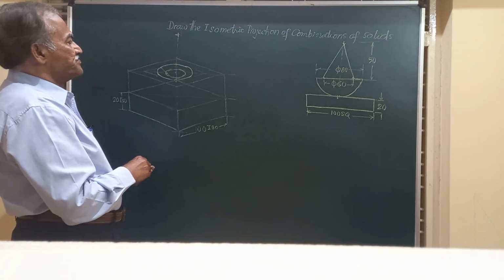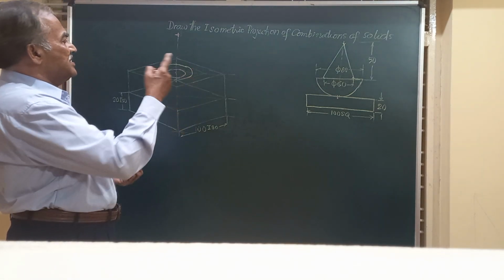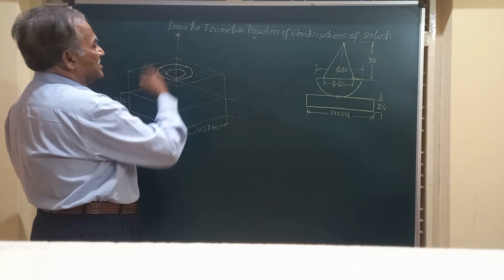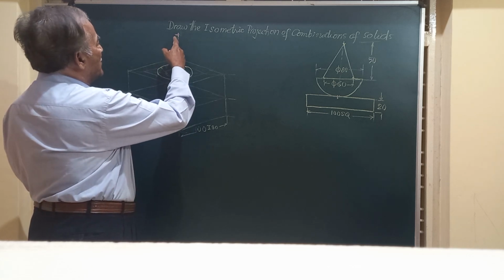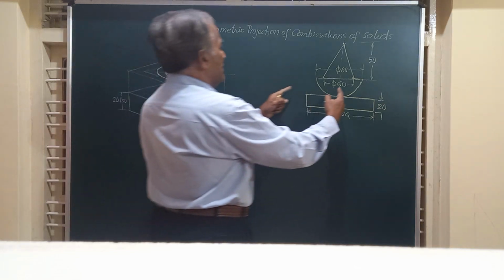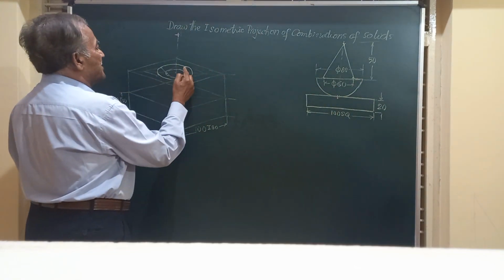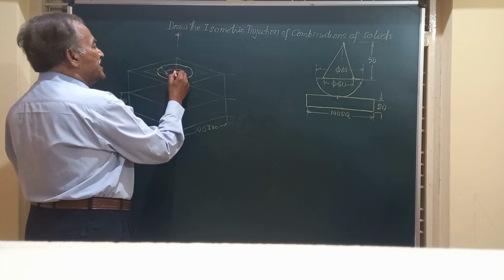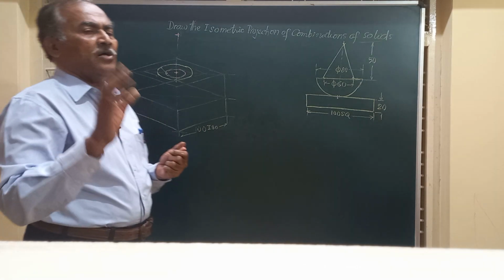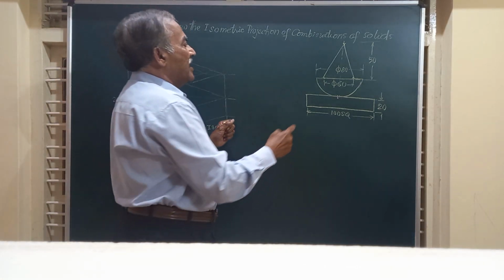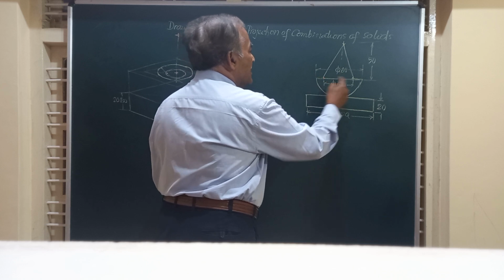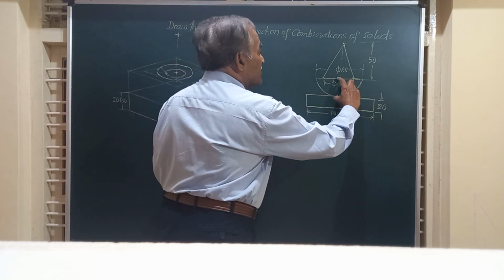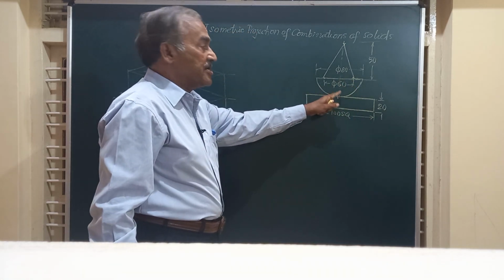Now friends, we have to draw the complete isometric projection of these, friends. Now let us start from the top face. Friends, in the top face we have this bigger hemisphere. Hemisphere is here. So let me draw that hemisphere first. And for this hemisphere, we have the center is this point. Now, in all the isometric projections, we have to take that center of the hemisphere as the center and radius equal to the actual radius, that is diameter by 2, 60 by 2.